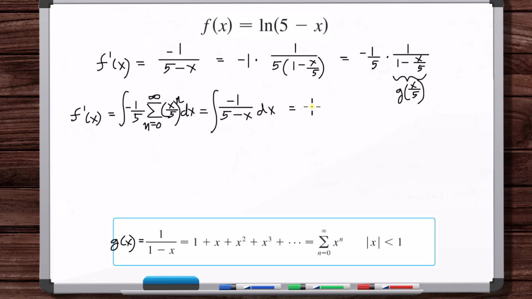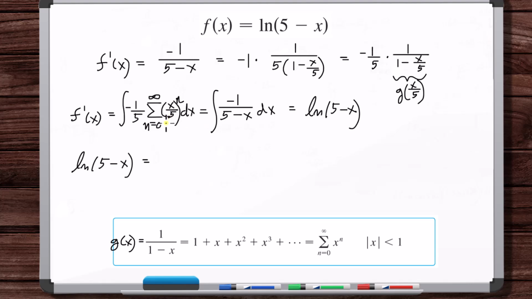We know that this is going to be equal to natural log of 5 minus x plus c. Well, let's leave off the plus c for the moment. So it's going to equal this, right? So to solve this, we need to integrate this to get another power series. We'll bring in the plus c when we do the integration of the power series.